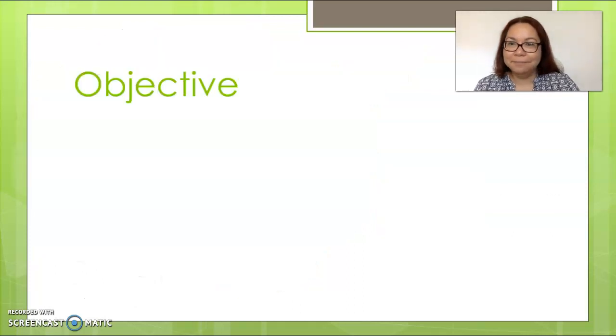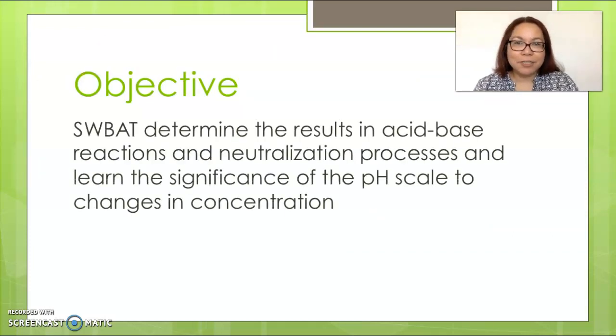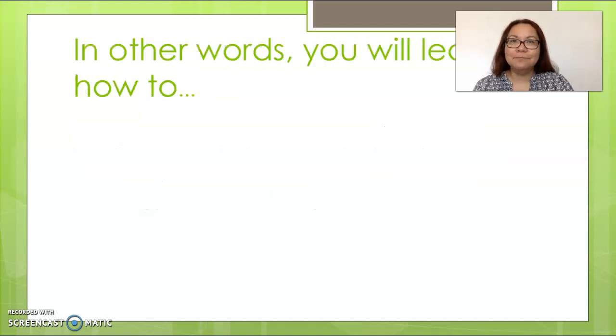Okay, moving on. The objective for this week, students will be able to determine the results in acid-base reactions and neutralization processes and learn the significance of the pH scale to changes in concentration.